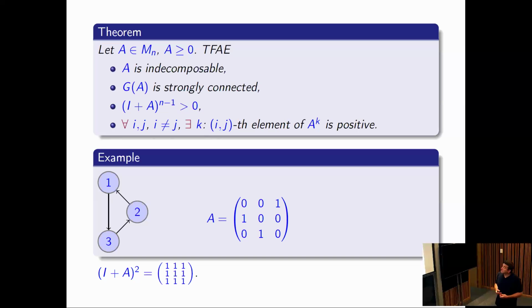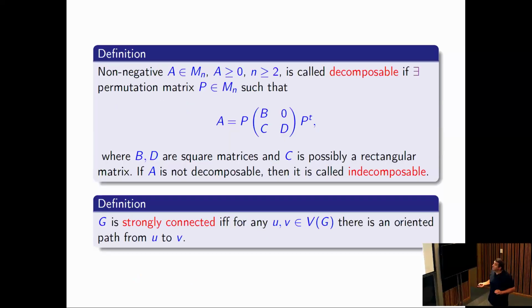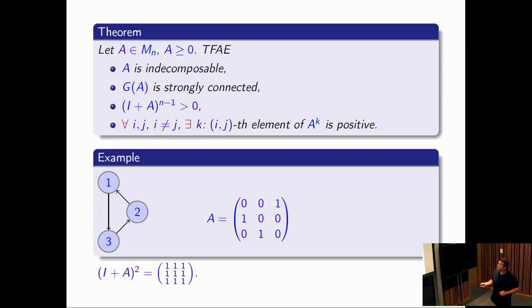So in this classical theorem about non-negative matrices, I have the following four equivalent conditions. So decomposability in the combinatorial sense, the sense I just defined using permutation matrices, is equivalent to this geometric property in terms of graphs: the graph of the corresponding adjacency matrix is strongly connected.